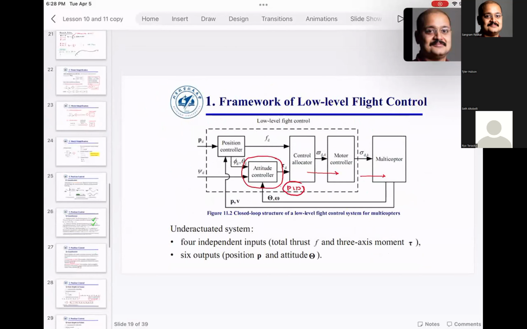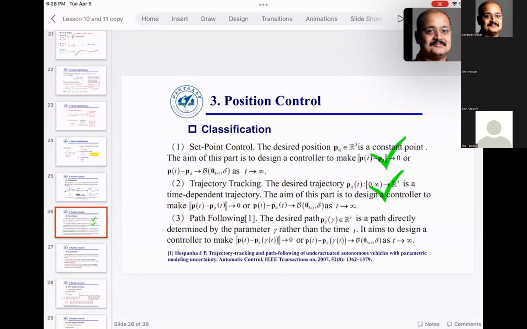So think about set point. Set point is like your thermostat. You want the temperature to be 80 degrees, or you want your temperature to be 70 degrees. You set that point, and then your controller will try to maintain that set point.